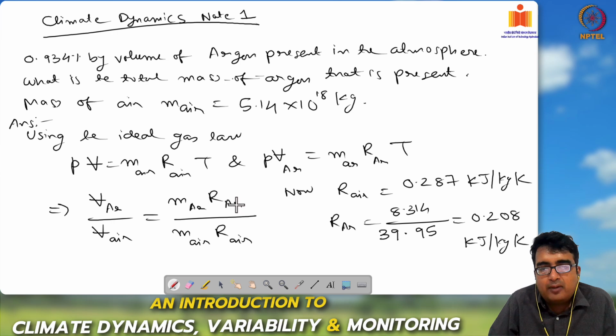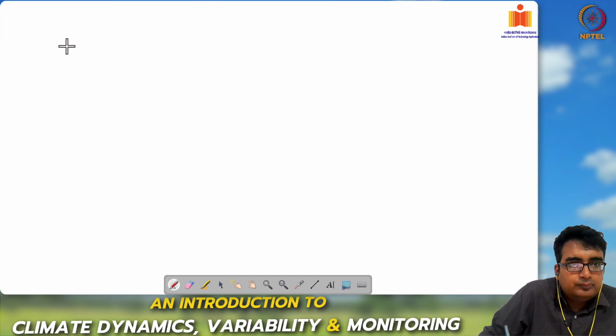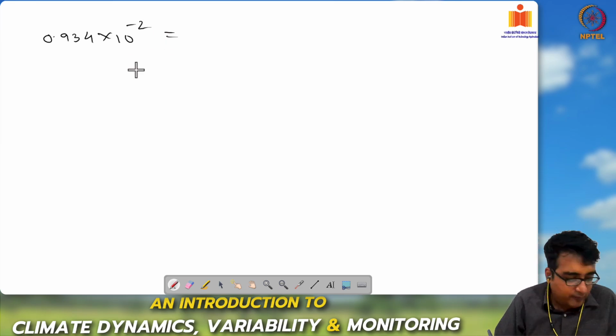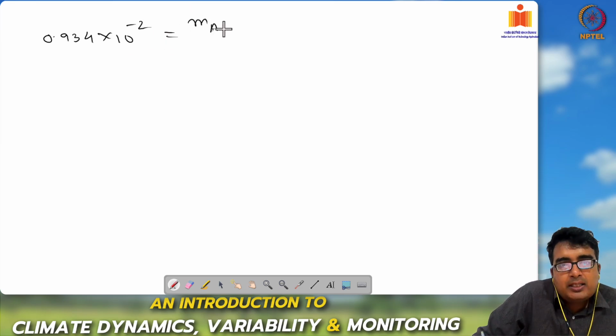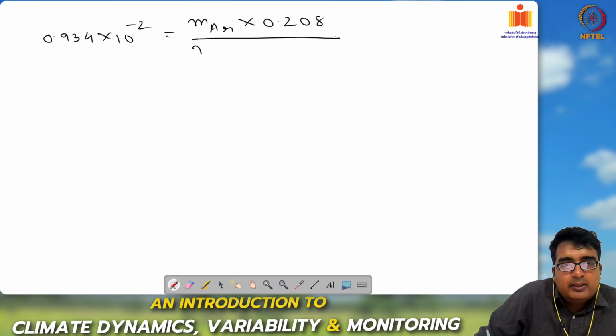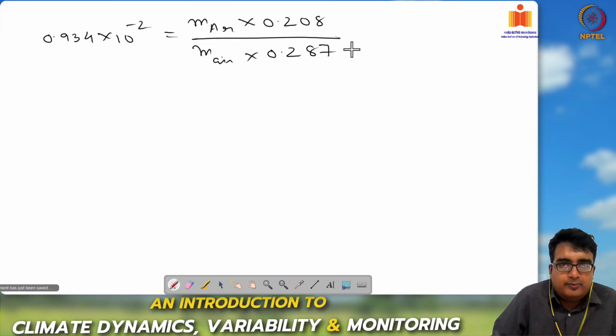So R of argon, R of air are known, mass of air is known, V of argon by V of air is 0.934%. So the total expression becomes 0.934 into 10 to the power minus 2, this is the V of argon by V of air equals to mass of argon into gas constant of argon, which is 0.208, by mass of air into gas constant of air 0.287.